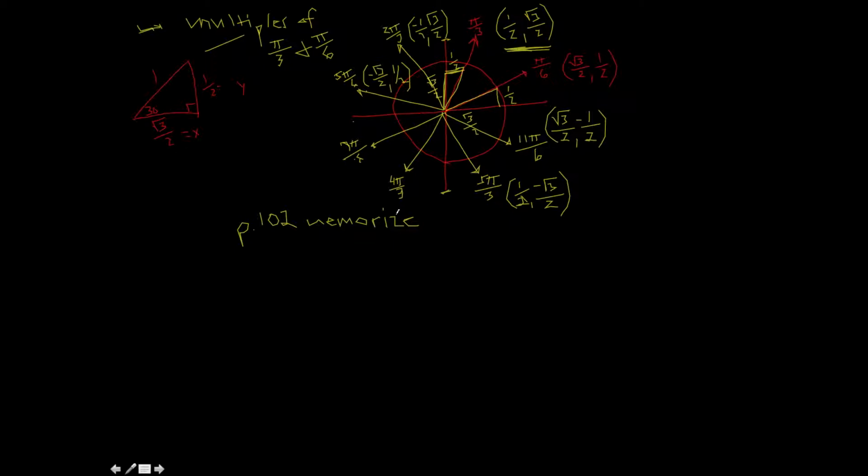Alright, so now that we know the unit circle, now that we have all the values determined on page 102, now we can very easily solve some problems. So let's look. Alright, so for instance, if I ask you what the sine of 7 pi over 6 is, well, you got to know where that is.